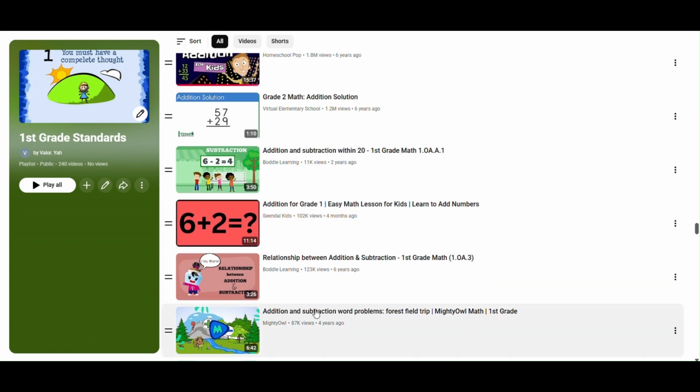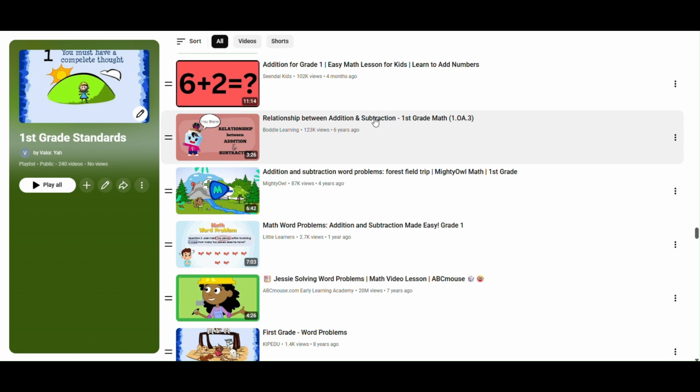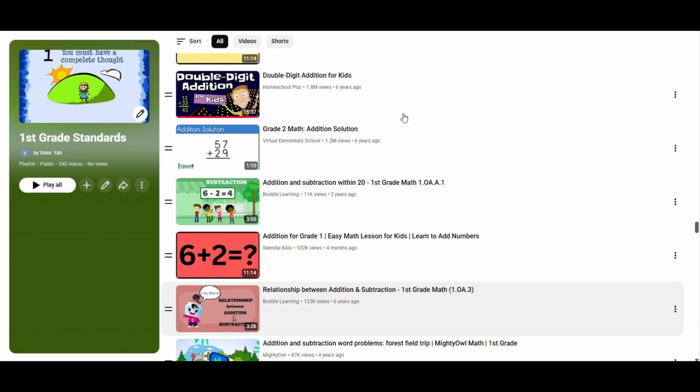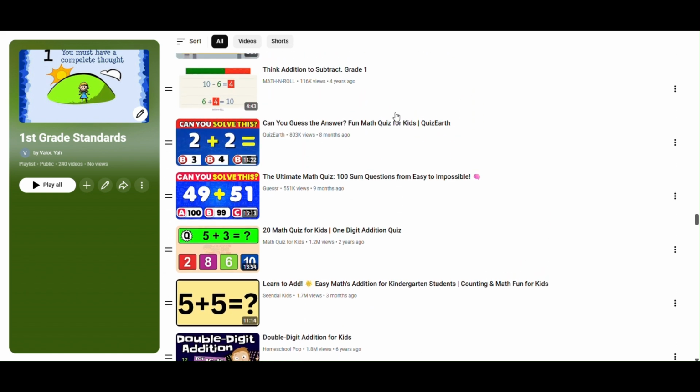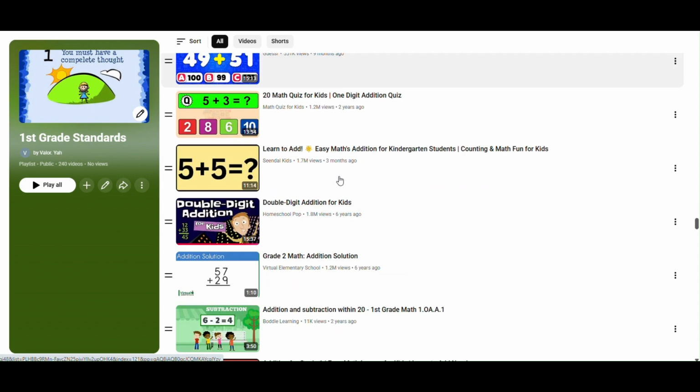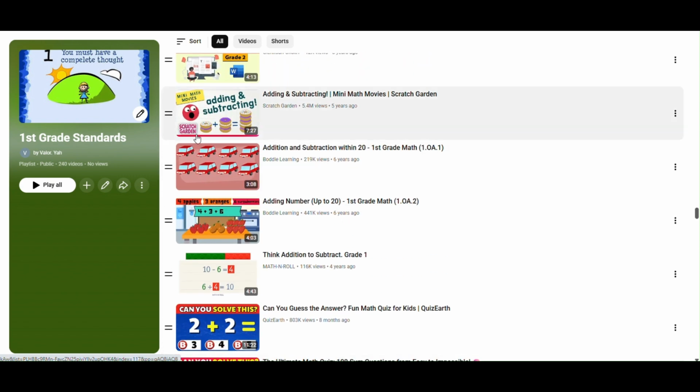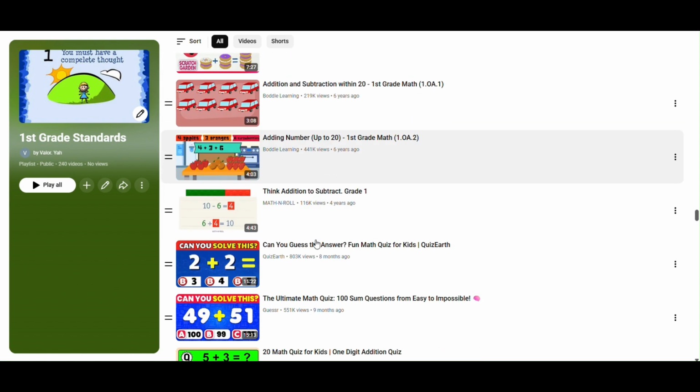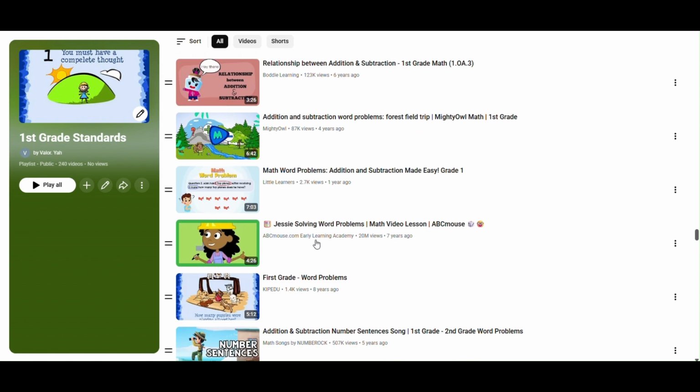So explaining the relationship between addition and subtraction is extremely important. I think there's another one that just kind of does it right there for you. Yeah, this one. See, you can see it here. And I believe Scratch Garden will go through that relationship as well, so kind of reinforcing that over and over and over again.